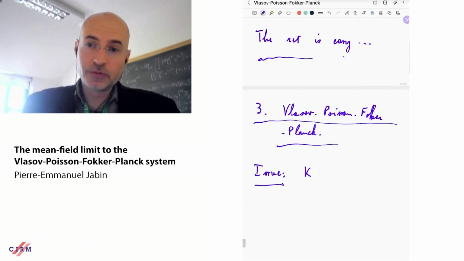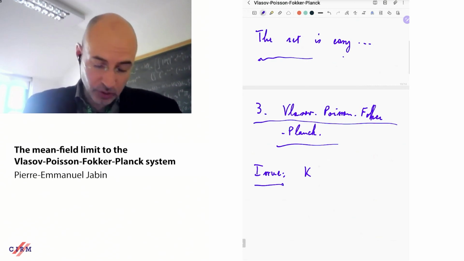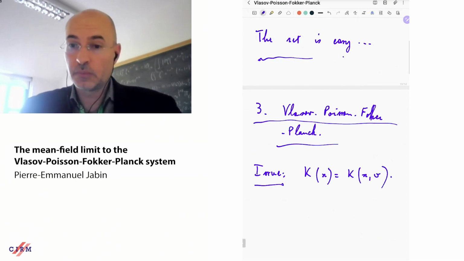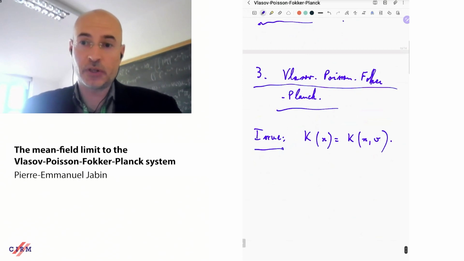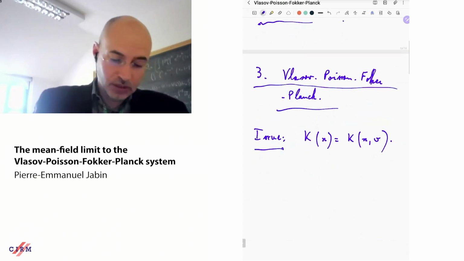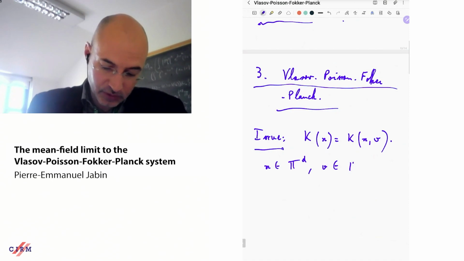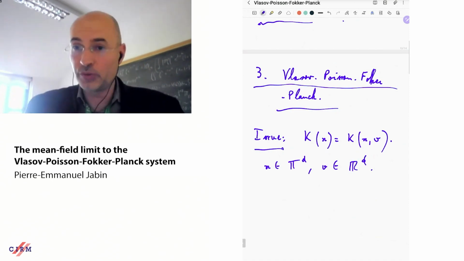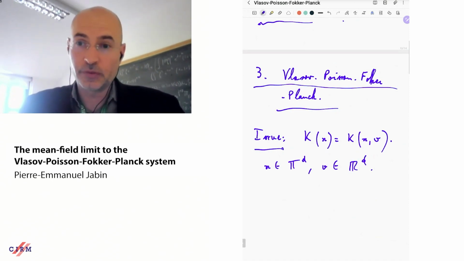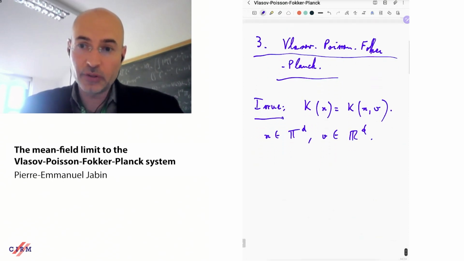If you want to fit within the first order model, you should consider your k of x as a k of x, v, because now I have this extra velocity variable. And now I'm still going to take x on the torus, but I'm going to take v in the whole R^d, because it wouldn't make any sense to force the velocities to be bounded.